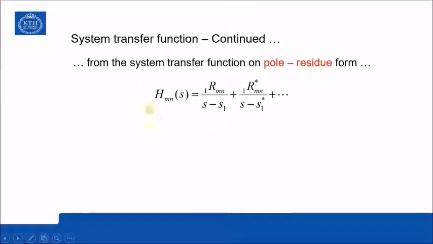We showed that the system transfer function for a vibrating multiple degree of freedom system can be written in this form as sums of complex conjugate pairs of ratios like this. Now it will turn out to be fruitful to continue this discussion by converting this to an impulse response function.